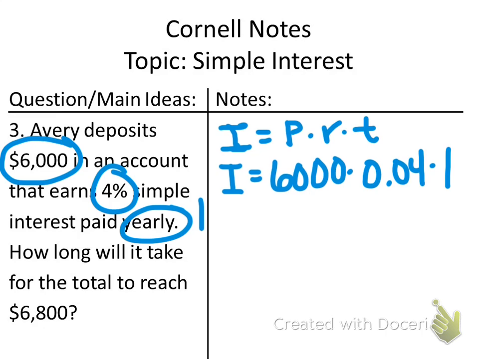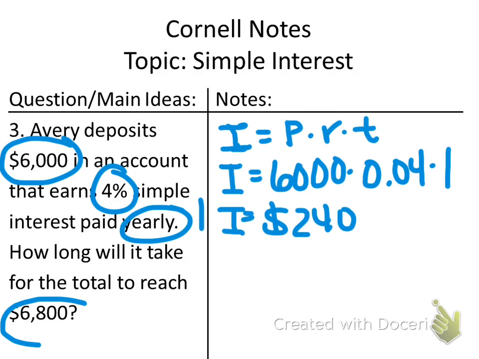So how much interest do I get in 1 year? Well, in 1 year, if I multiply all these together, my interest would be $240. But I want to know how long will it take me to reach 800.